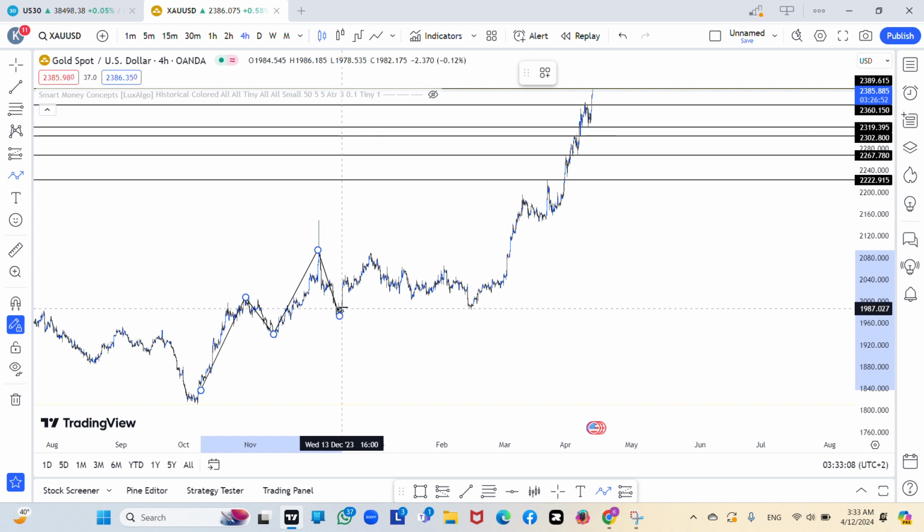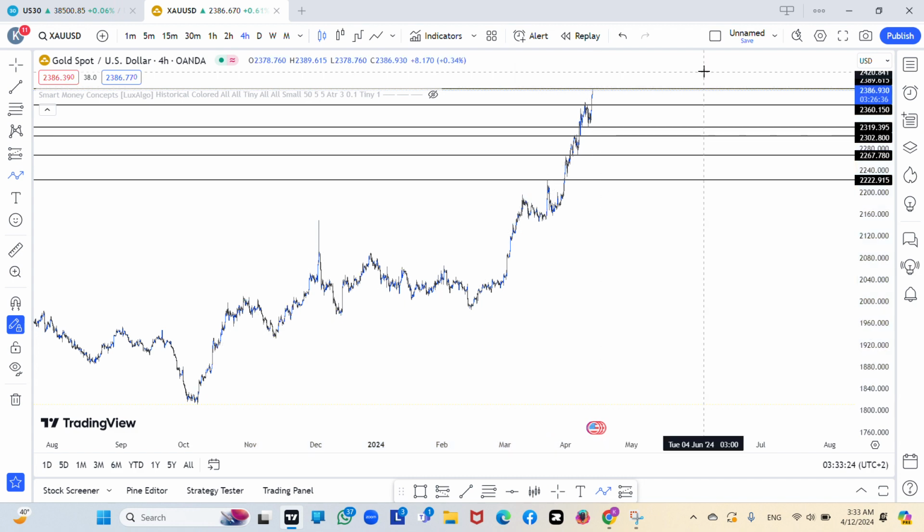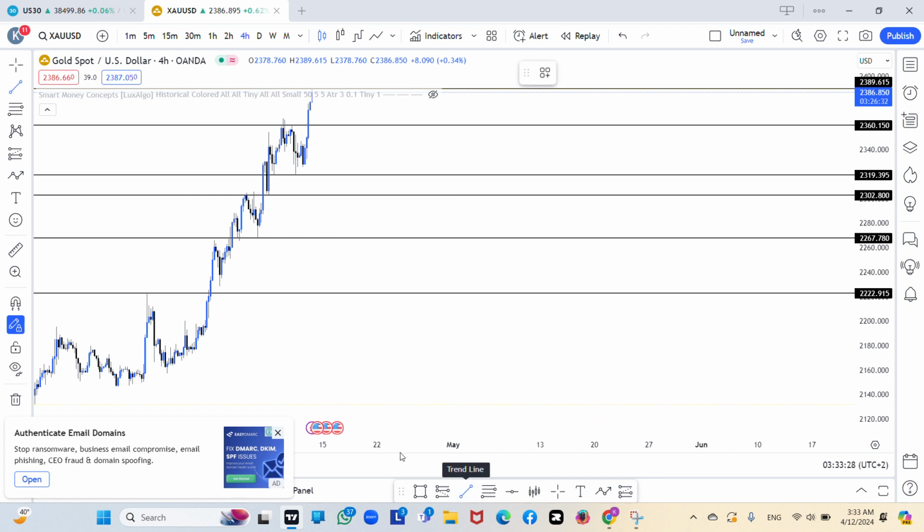And then the price left a demand right there. So price made another impulse, corrected to mitigate that demand. The price shot up and gave us a correction, and price gave us an impulse again. So let's draw our trend line. So yeah, I like it like that.